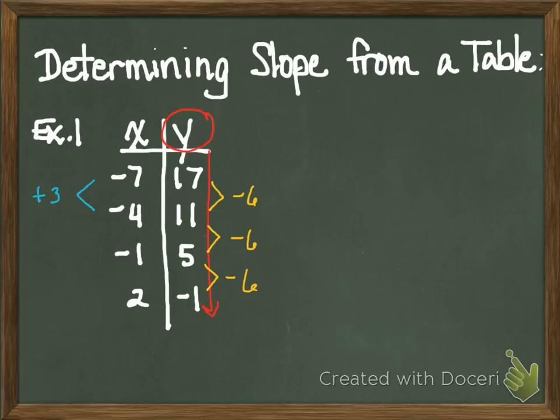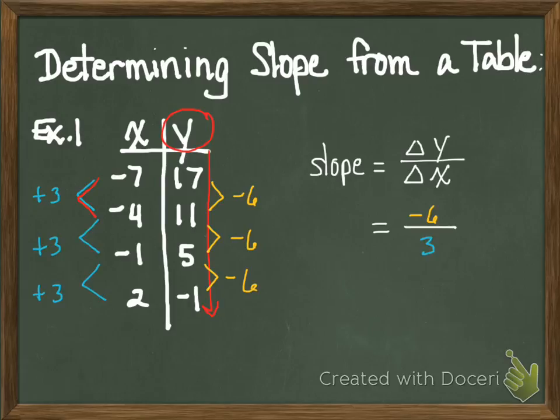Then we change gears and look at the x column. When I look at the x column of numbers, I see that the -7 is changing by 3 units to go to a -4. Or I would say it's increasing by 3. To go from -4 to a -1, we're increasing by 3 again. And then to go from a -1 to a 2, we're increasing by 3 again.